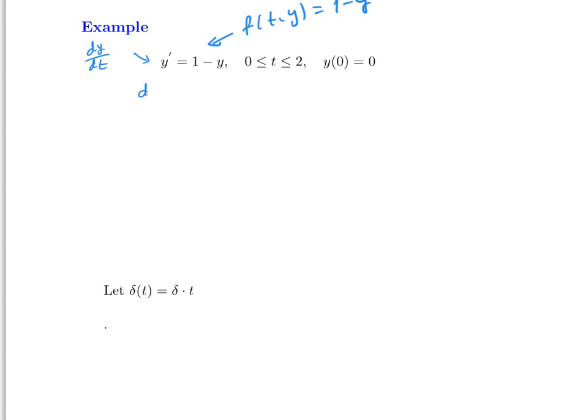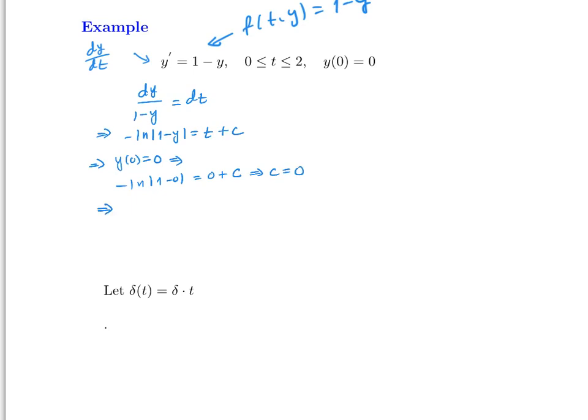So you separate the variables, you end up with dy over (1 minus y) is equal to dt, which implies minus ln of (1 minus y) is equal to t plus c, which implies that if you apply the initial condition y(0) equals 0, you're going to end up with minus ln of (1 minus 0) equals 0 plus c, which implies c is equal to 0.